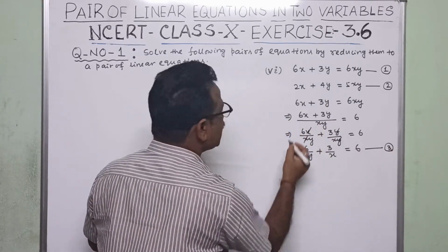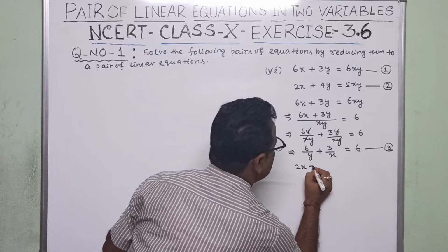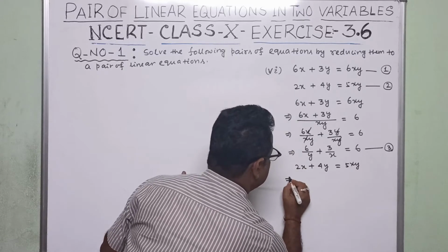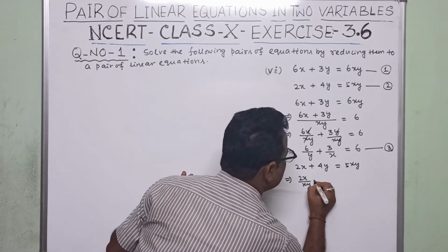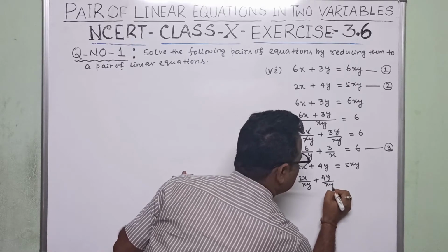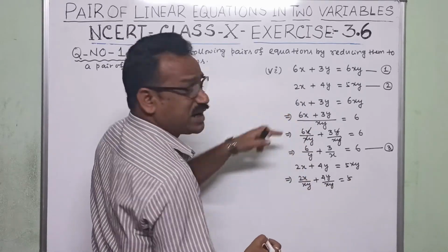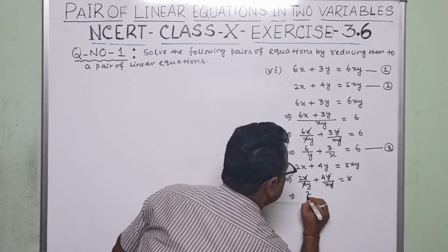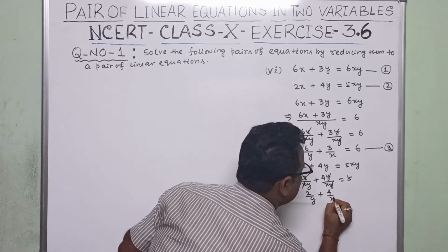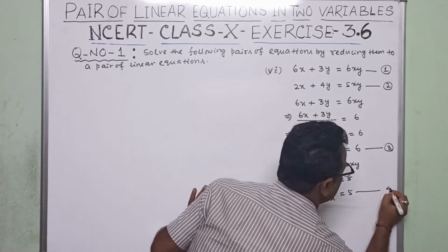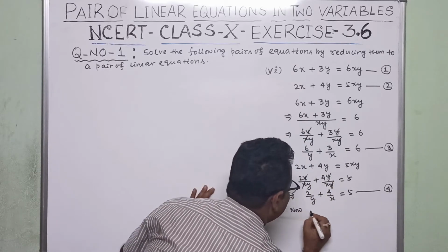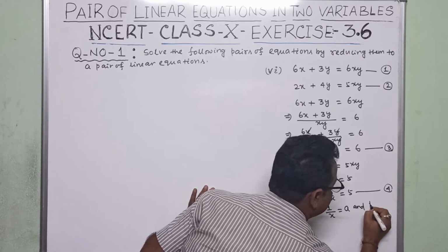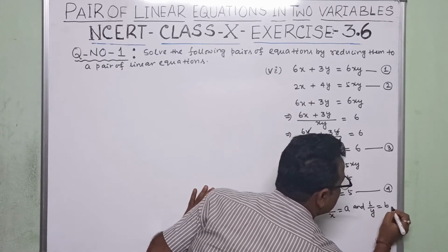Next one. So 2x plus 4y is equal to 5xy. That implies 2x by xy plus 4y by xy is equal to 5. Directly I have done, omitted one step. So x cancelled. That implies 2 by y plus 4 by x is equal to 5. Now let 1 by x is equal to a and 1 by y is equal to b.